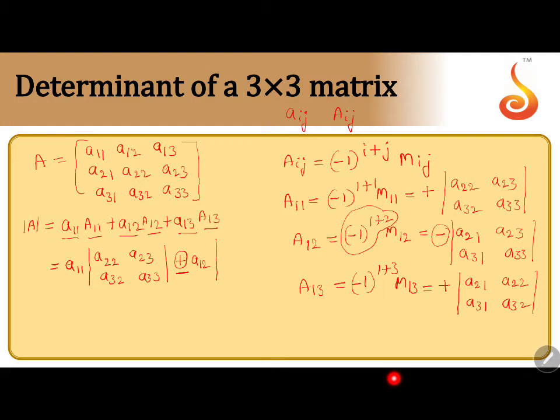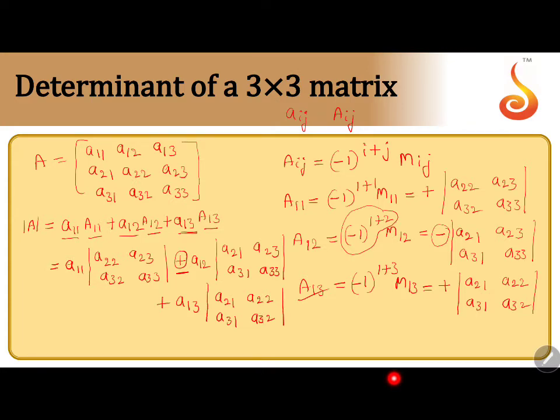A12 into det of A21, A23, A31, A33. Next again plus A13 into capital A13, that is det of A21, A22, A31, A32.